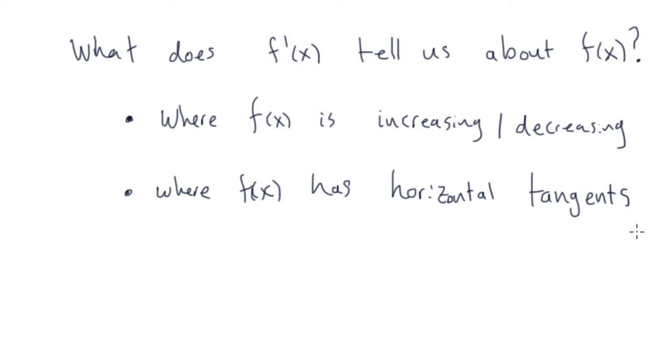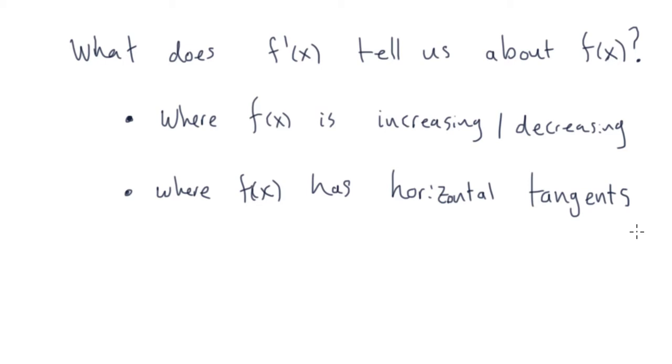Here's an economics example. The horizontal tangents will tell us when a profit function has an optimal profit. So for how many units of something should I sell to maximize the profit? Well, that's going to occur when the function has a horizontal tangent.